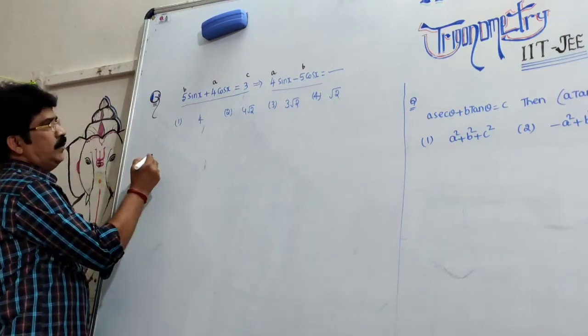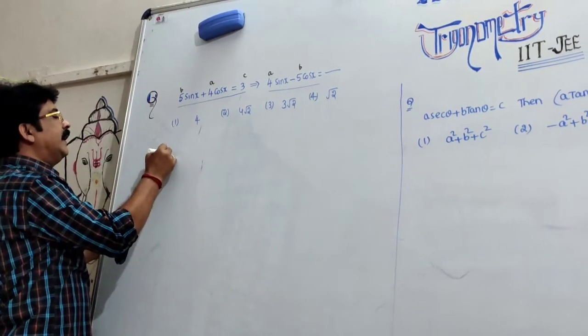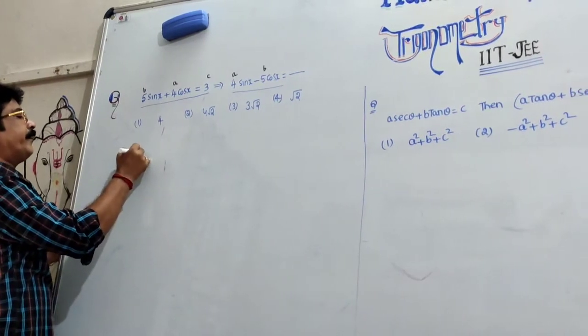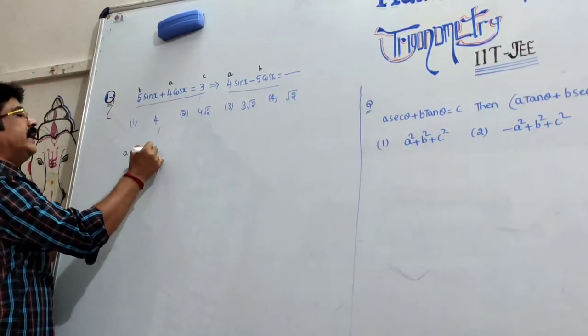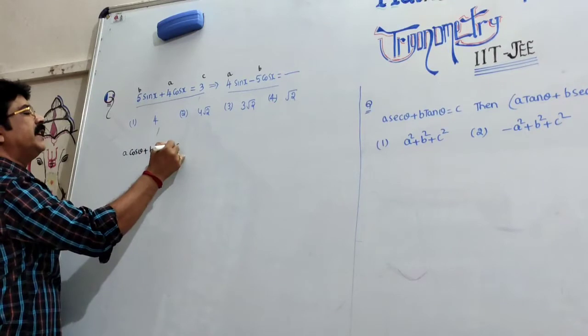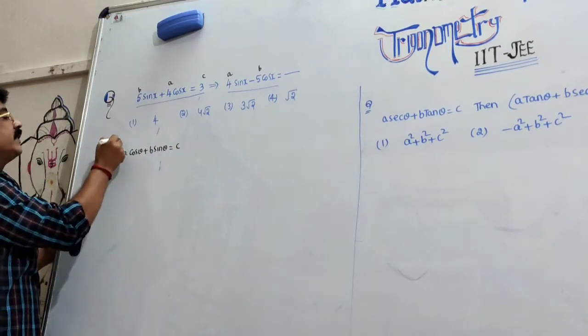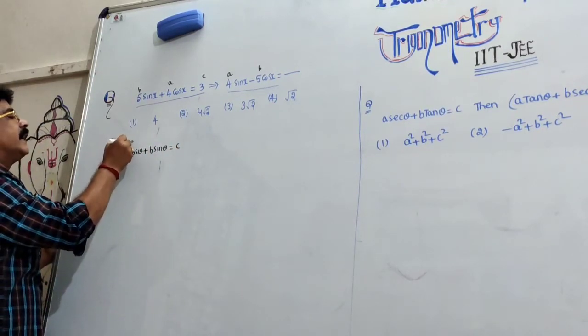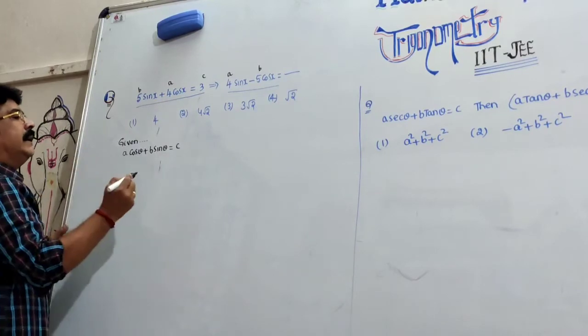So here, first we shall consider a cos theta plus b sin theta is equal to c. Of course, it is the given statement, right?